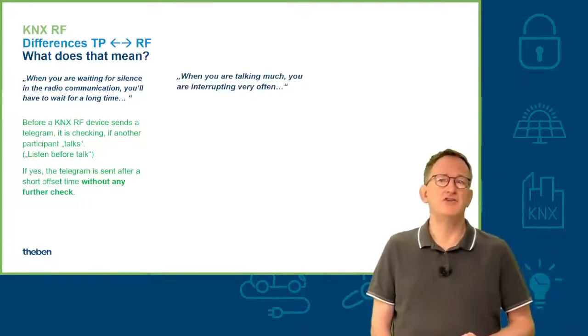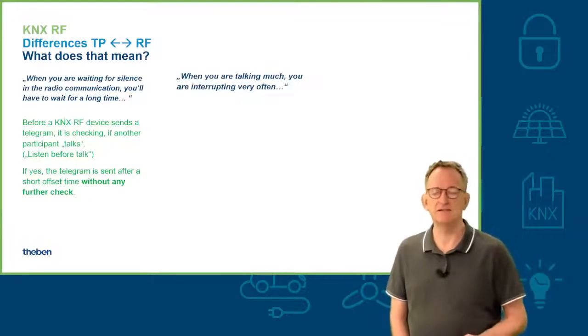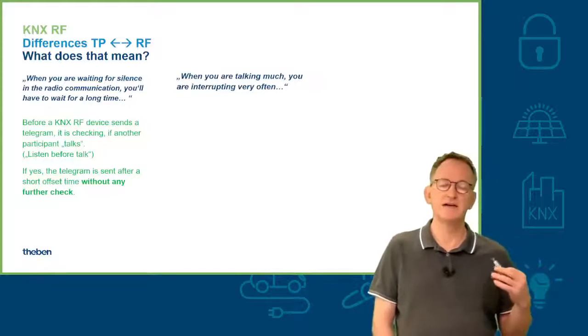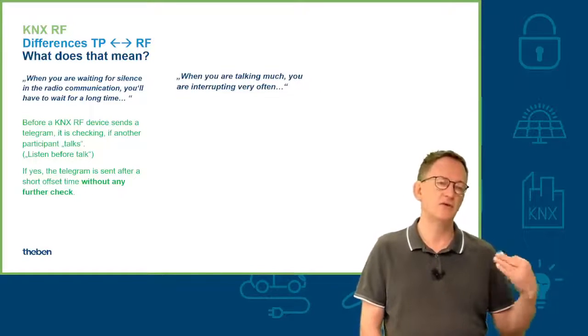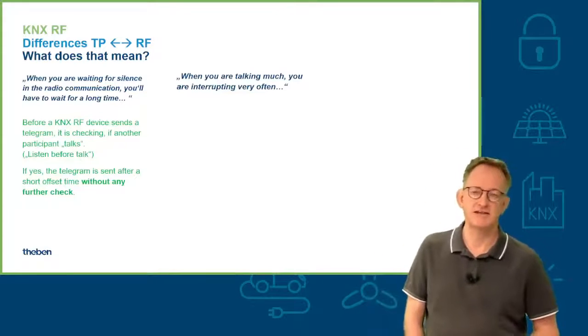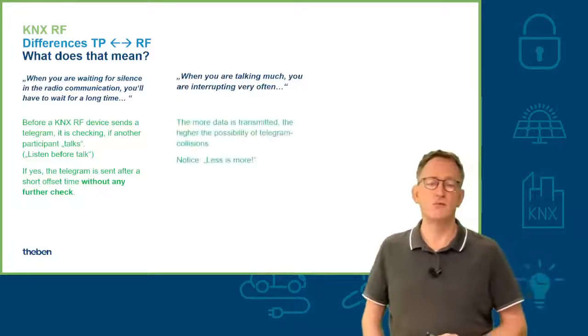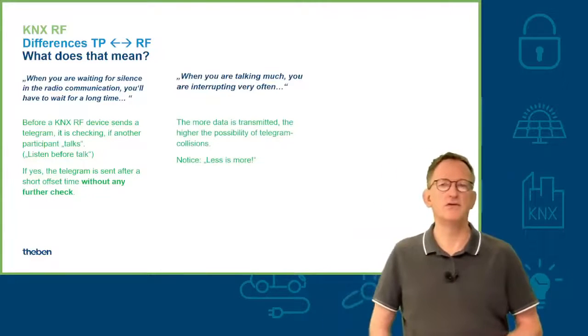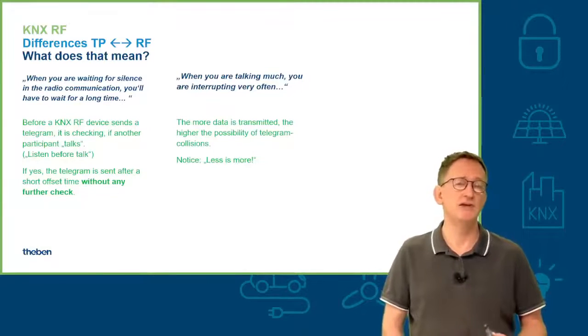If you are just talking too much, if you have many devices on the RF side which are always talking or talking too often, the risk is very high that you have more collisions. So what does that mean for our configuration? Very important, just send telegrams which are really necessary.